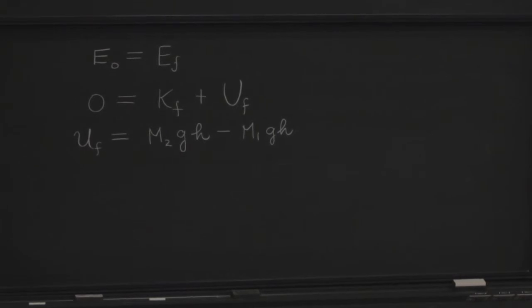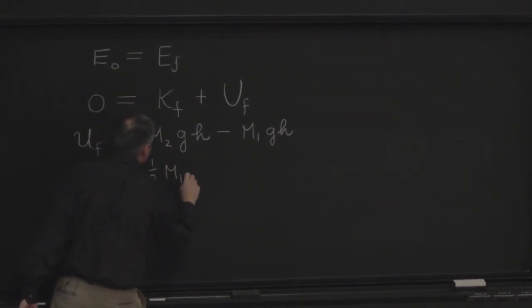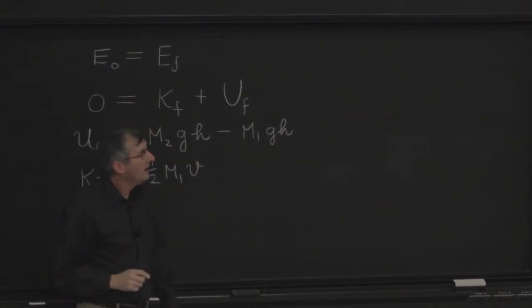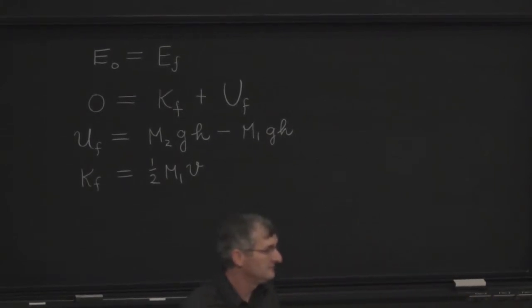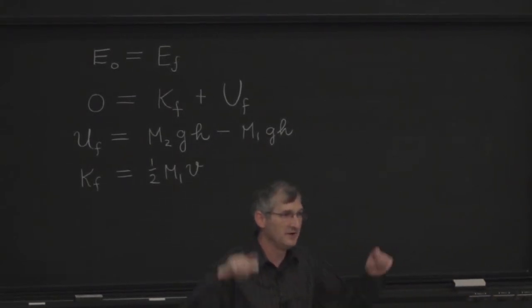What about the final kinetic energy? So I have three things that are moving. I have 1/2 m1. Now, is there a difference between v1 and v2? Or can I just get away with calling both of them v if I'm only worrying about the magnitude?